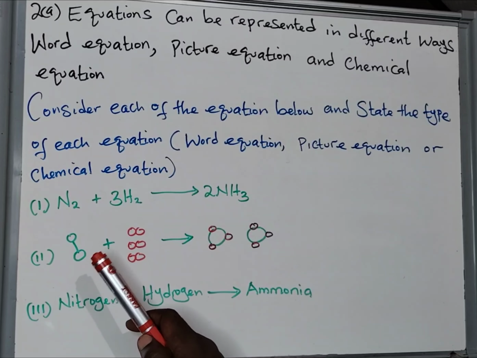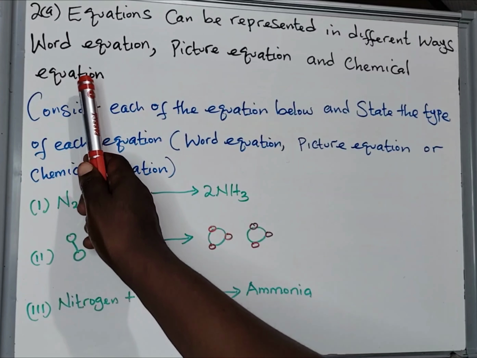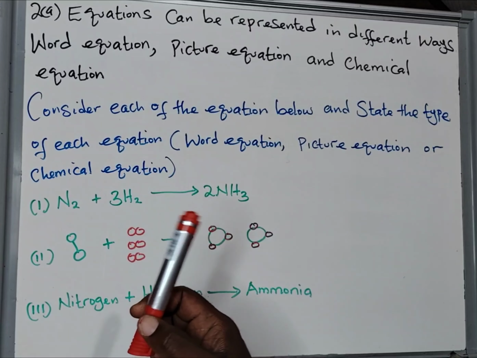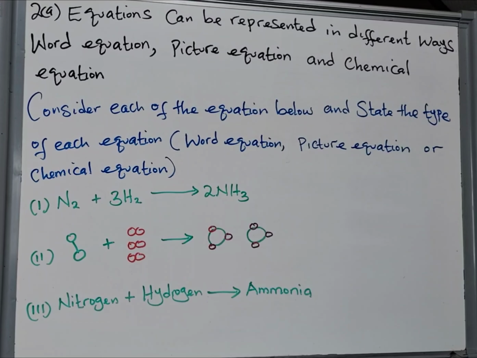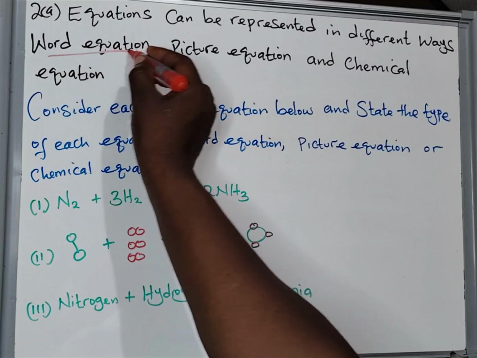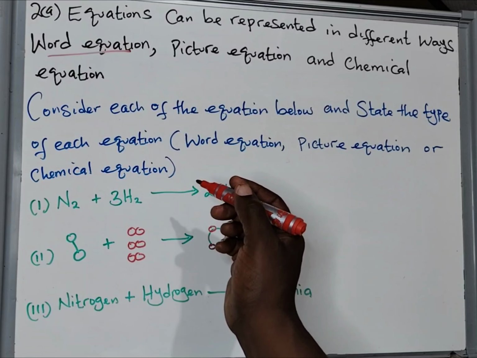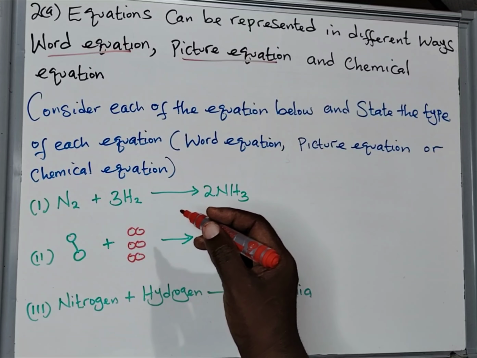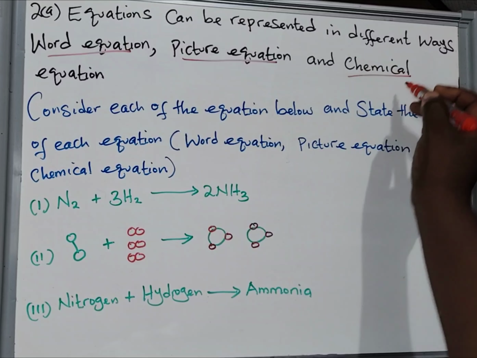Yes. So comes this question. It says that equations can be represented in different ways. One, it can be a word equation. Two, it can be a picture equation. Three, it can be a chemical equation.